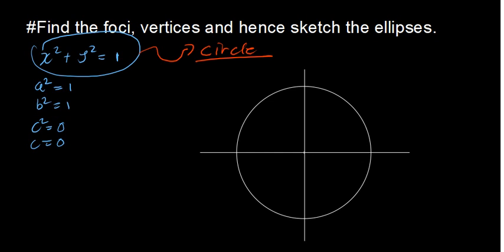When the question is asking you to find the foci, the vertices, and sketching the ellipse, it is pretty straightforward. You first of all have to observe what's the center. Secondly, what's the orientation? Is it on the y-axis or is it on the x-axis? And you can easily observe those from the value of a and b. And I cannot overemphasize this.